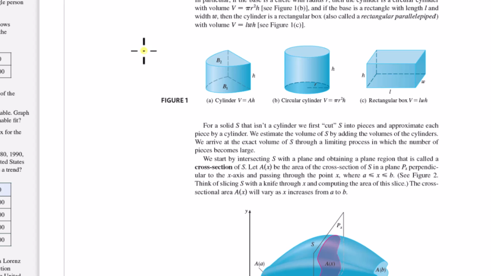And what I want to point out here is that these pieces are going to be the same type as what you're trying to solve for. What I mean by that is, we're trying to solve for the volume of a general solid, so the individual pieces are going to be little volumes. Before this, we were solving for areas, so the individual pieces that we broke it up into were little areas, and we were adding up those areas.